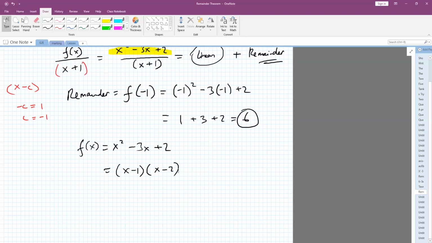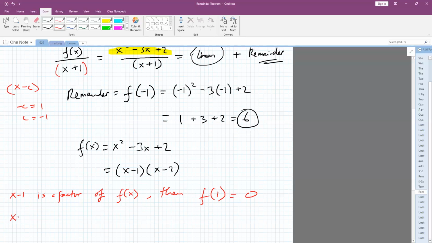Now, as you know, when x minus 1 is a factor of f(x), that means when you plug in f(1), when you put that 1 here, 1 minus 1 is 0, and then you multiply it by something, so basically what you will get is 0.